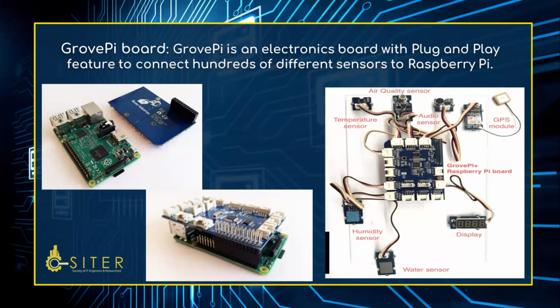Different types of sensors like humidity sensor, water sensor, temperature sensor, and audio sensor are all connected to the Grove Pi board. The connection mechanism is very easy, it is easily available in the market, and it's cheap also. That's why we are moving forward with this Grove Pi board. You can easily connect it with the Raspberry Pi model.